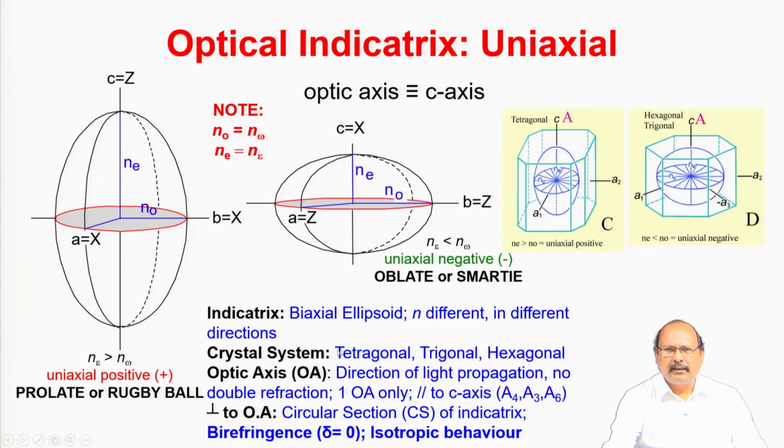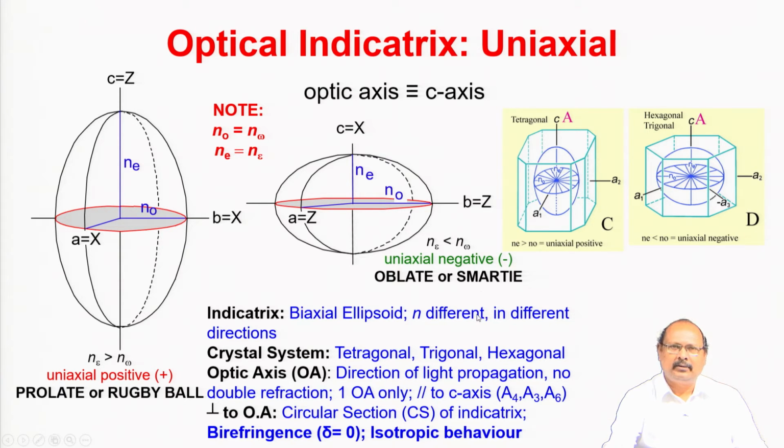Most importantly, these uniaxial minerals have a characteristic relationship with the crystal system. They belong to the tetragonal, trigonal and hexagonal crystal systems. Let us try to understand why this is so.